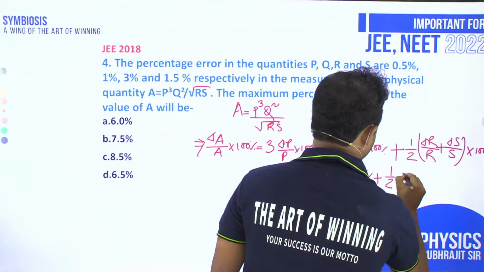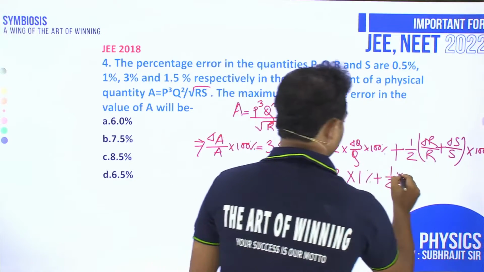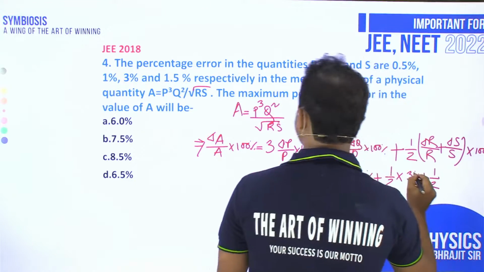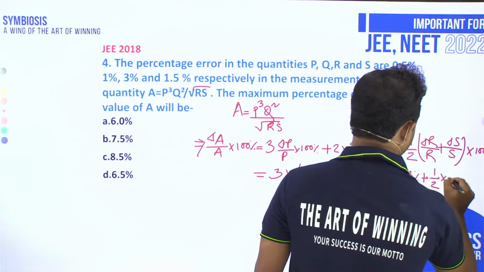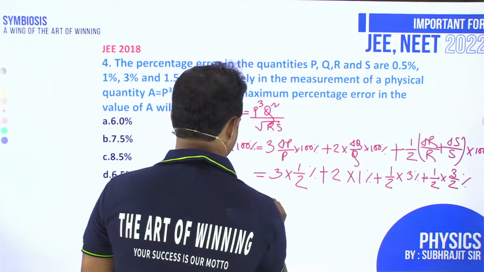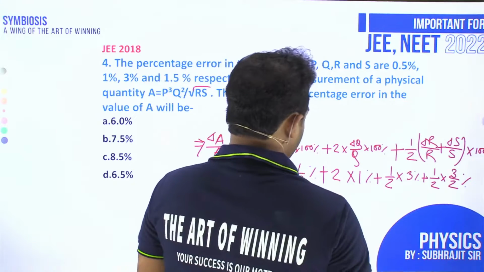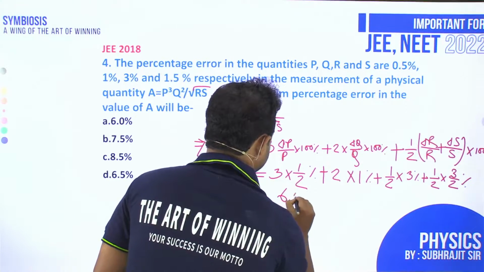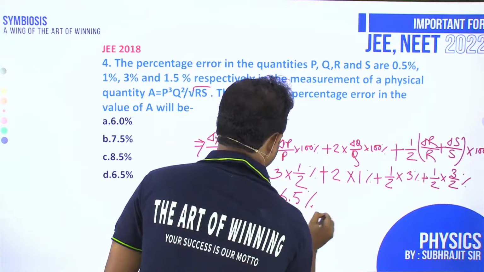So half into 3% plus half into 1.5, that means 3 by 2%. After calculating, we can find the answer is about 6.5%.